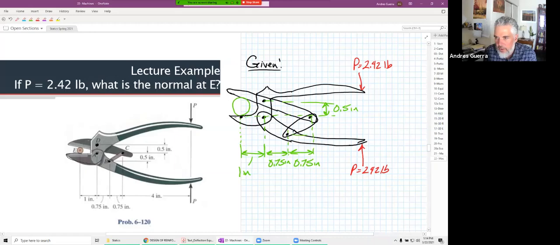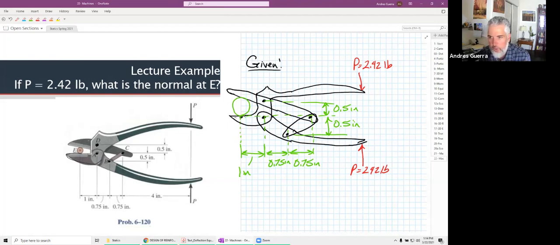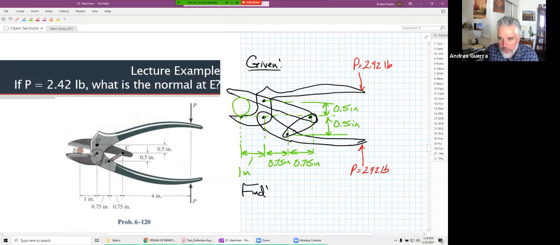And from here down to there is also 0.5 inches. Okay, and we want to find, for this problem, the normal force at E.